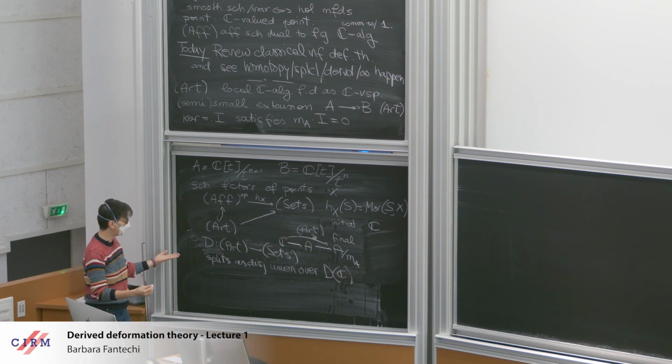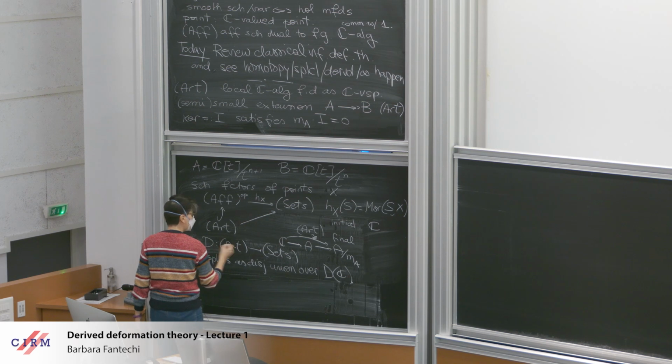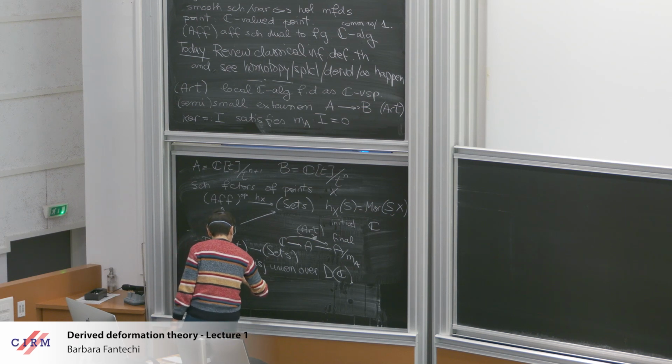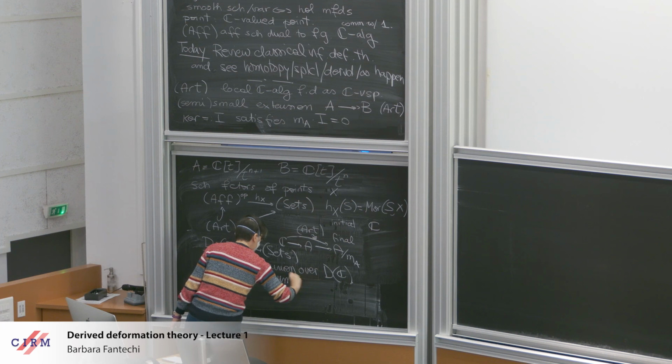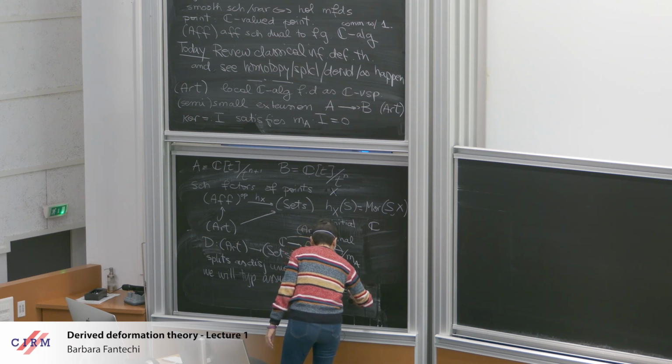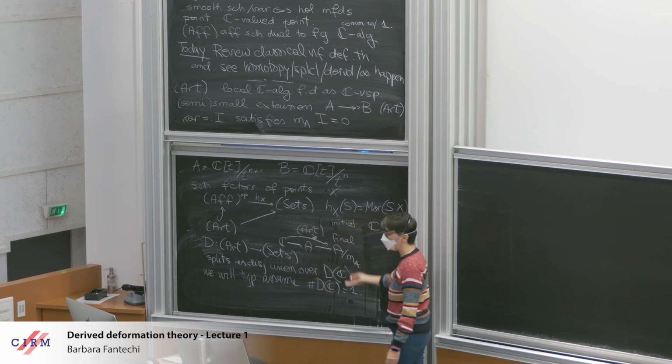And so in particular, we will typically work with one connected component. We will typically assume that the cardinality of D of C is 1. So this is the context.